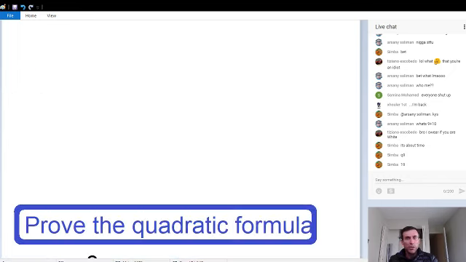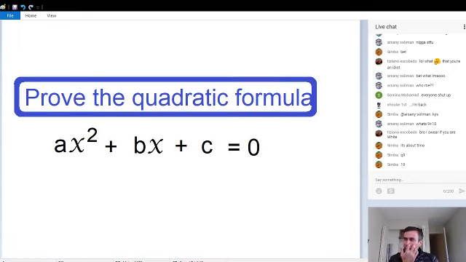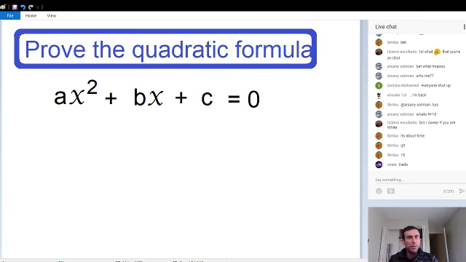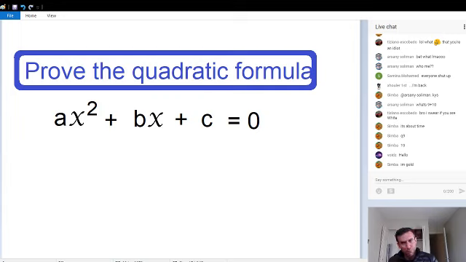So let's go over the last problem for this live stream. And here we have the standard form of a quadratic equation. We have ax squared plus bx plus c. And it says prove the quadratic formula. And we're going to prove the quadratic formula by actually completing the square. We're going to use the same exact steps to prove the quadratic formula.